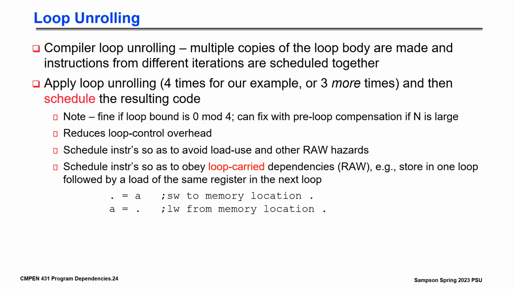I have to still respect all the existing dependencies that were there. If the loop bound is 0 mod 4, then this is easy. If it is actually 100 iterations, then I don't have to add anything other than just doing it 4x. If it's 101 or some other number, I can put some compensation code at the top that does the part that isn't 0 mod 4.